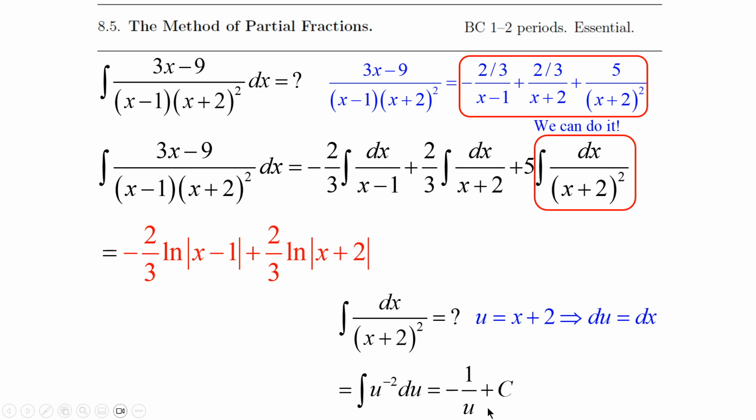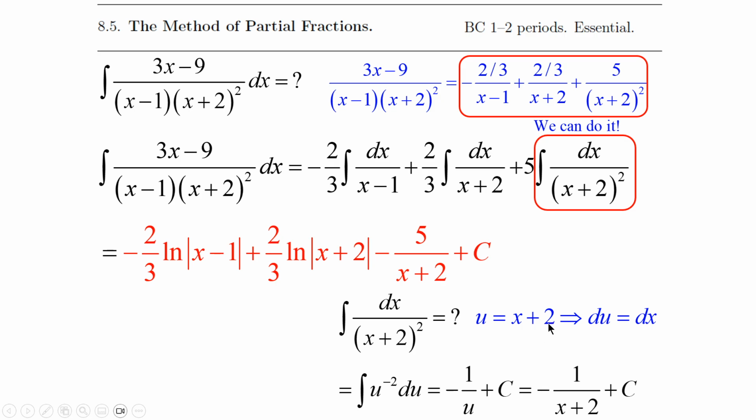And my u is x plus 2, so negative 1 over x plus 2 plus c. Multiply that by 5, and I've got negative 5 over x plus 2 plus c, and there's my final answer.